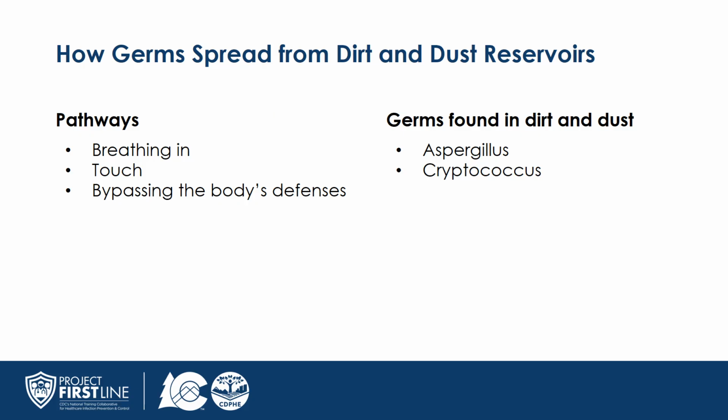The germs in dirt and dust can harm certain patients if they are breathed in. The germs can also spread by touch, especially by hands, when dirt and dust land on surfaces and devices. If the germs are spread to central lines or wounds, they can get into the patient's body and cause infections.